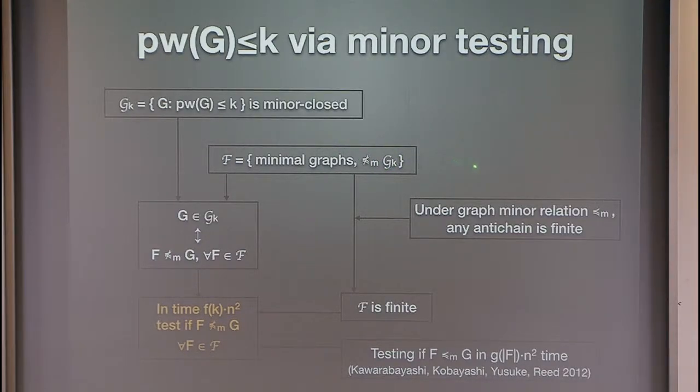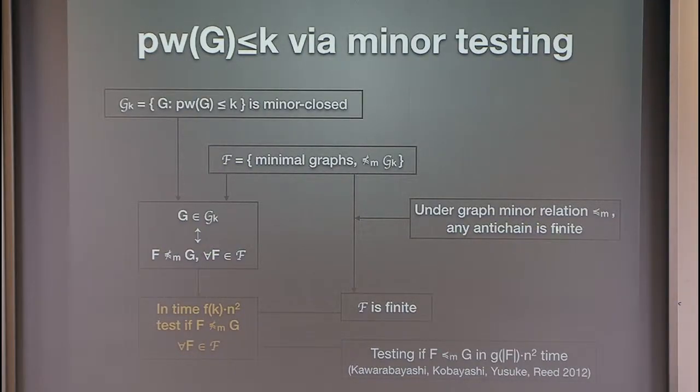You can always find such a set. Then from these two sets, it's again an easy exercise that the following relation holds. A graph G has pathwidth at most k if and only if G does not contain any graph F from this defined set, calligraphic F. So this property always holds.